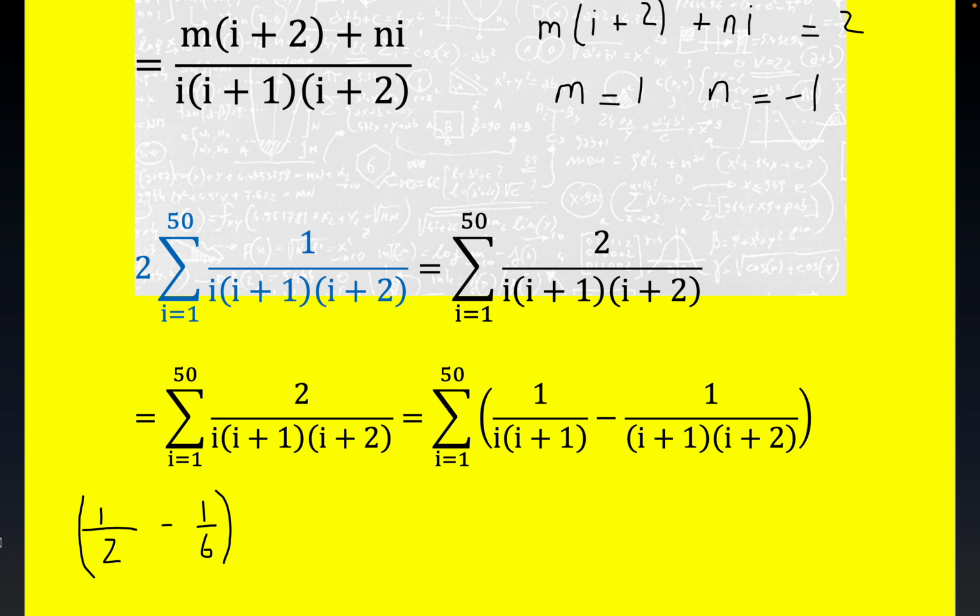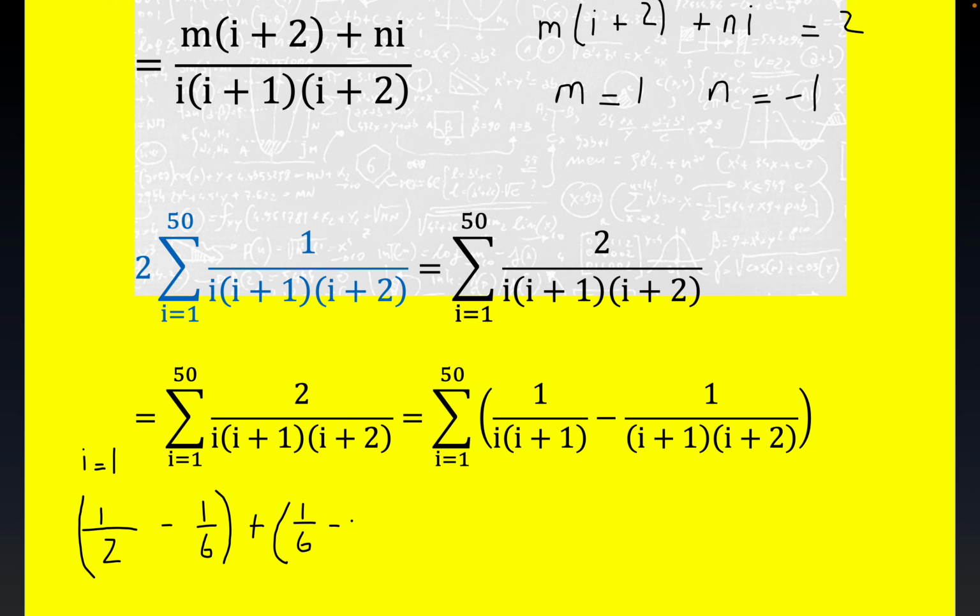Now, I'll just write down the efforts rather than talk through it. This is for the case i equals 1 right here. So we're trying to discern a pattern here. Now, for i equals 2, you end up with 1/6. And already you can see that these 2 guys are canceling.